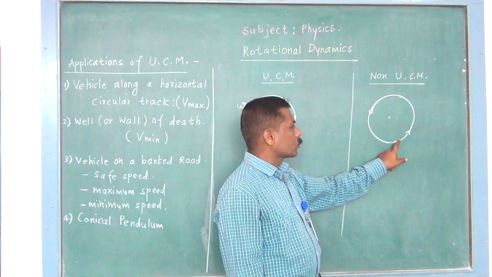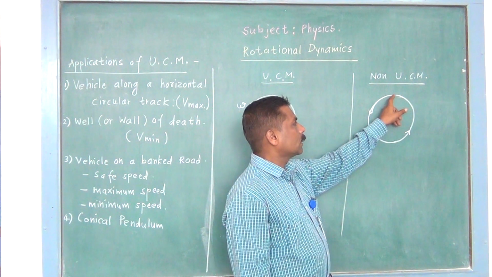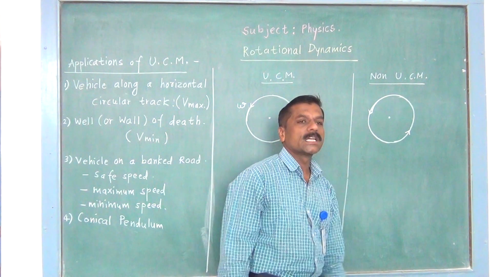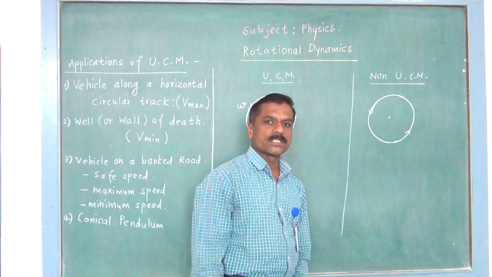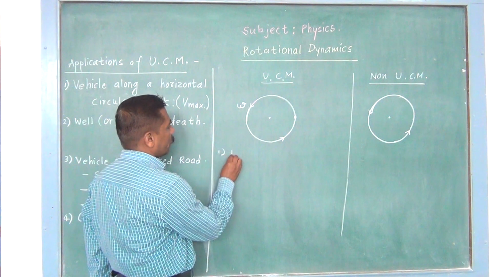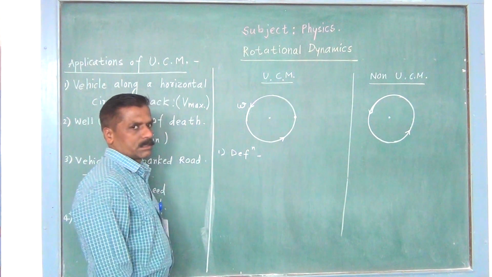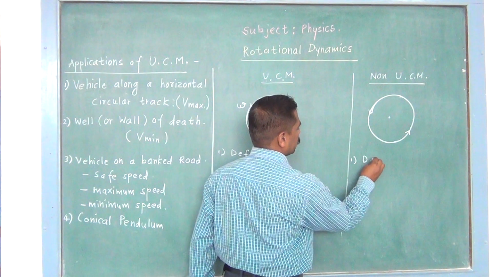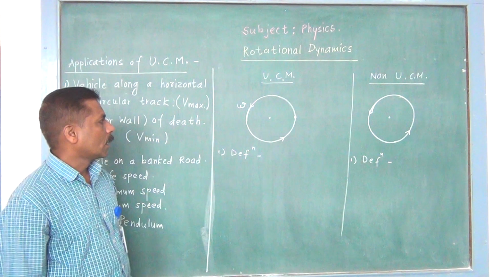The circular motion in which the linear speed or the angular speed of the particle is variable is called the non-uniform circular motion. So first point you can remember, that is the definition which we have already explained here.